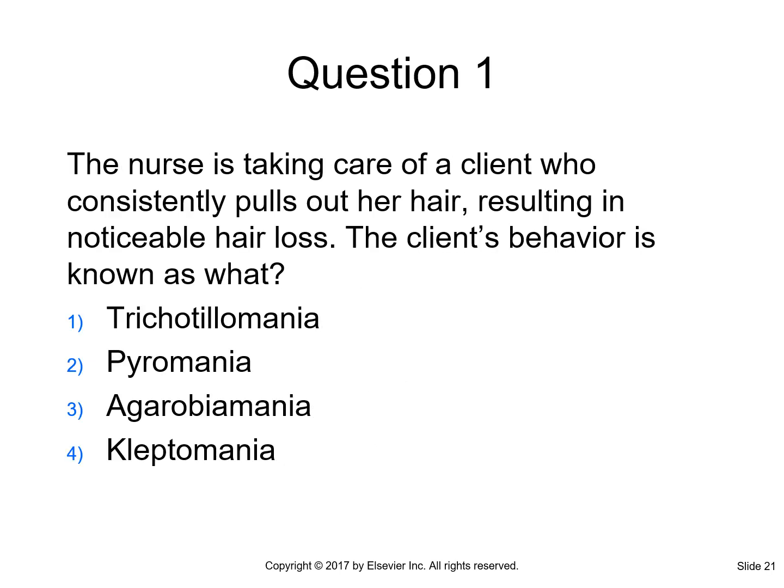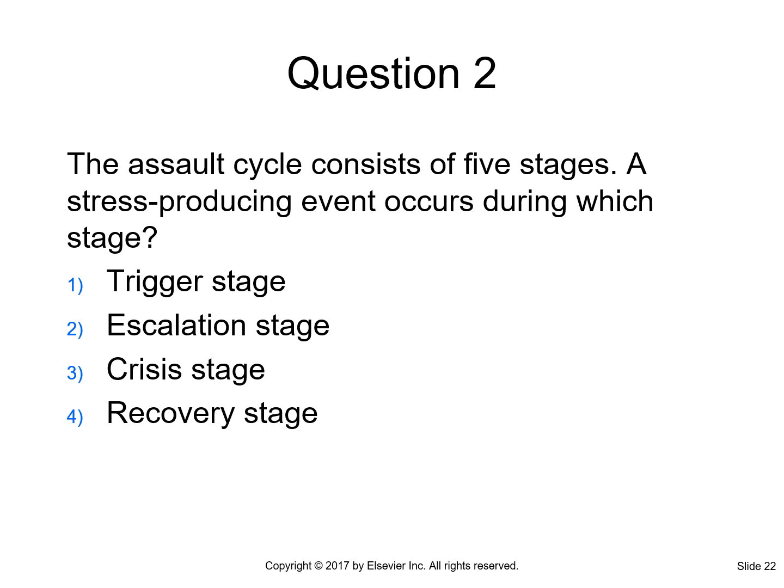Question number 1. The nurse is taking care of a client who consistently pulls out her hair. What is this behavior? Answer is 1. Trichotillomania. The assault cycle consists of 5 stages.